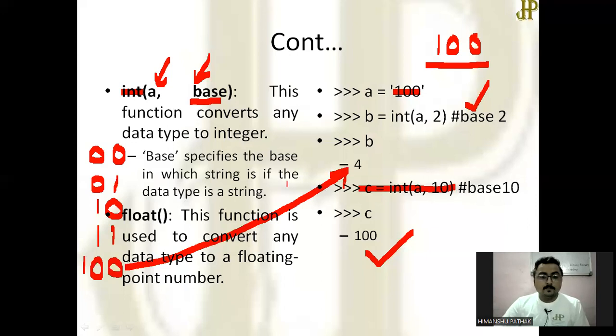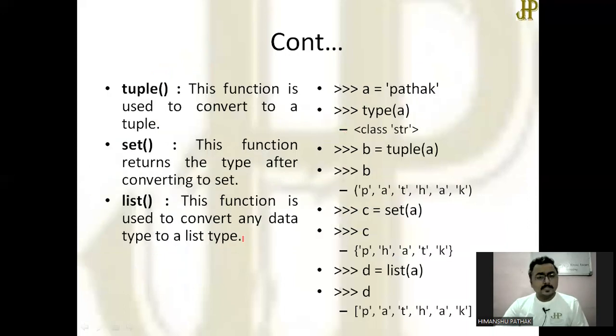Now, second one is float. This function is used to convert any data type to a floating point number. Next one is tuple. This function is used to convert to tuple, set, and the same thing is done with list. Here I have taken a variable of string type. Here you can see that A is a variable of str type.